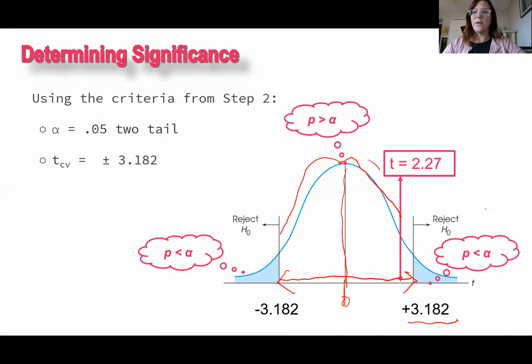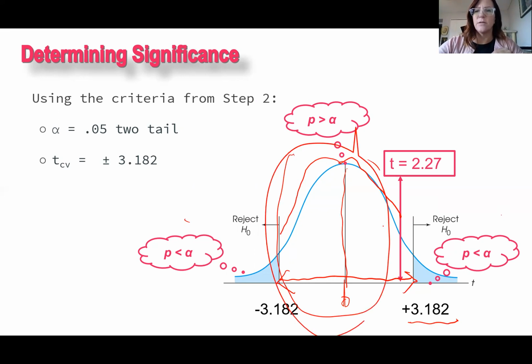Anything out here in the corners or at the tails of the distributions, we know that p is less than alpha. And so just think of p as being how big something is, how much is pushed into there. There's a lot of data in this region, so p would be large. There's very little data over here, so p would be small. Think of it that way, maybe. Different ways of trying to navigate that thought process.